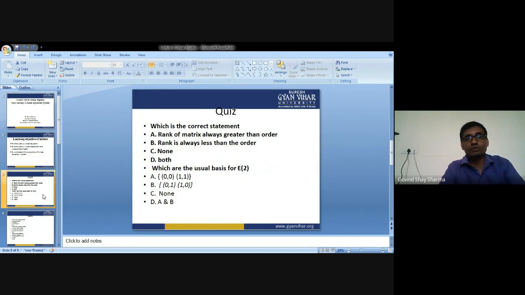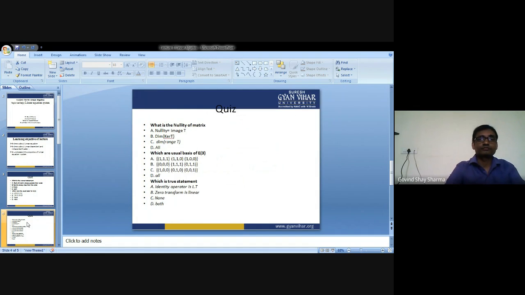Which are the usual bases of E2? Usual bases are the standard basis I told you when the lecture started. So 1 0 and 0 1 are the usual basis for E2. So B is the right option. What is the nullity of a matrix?